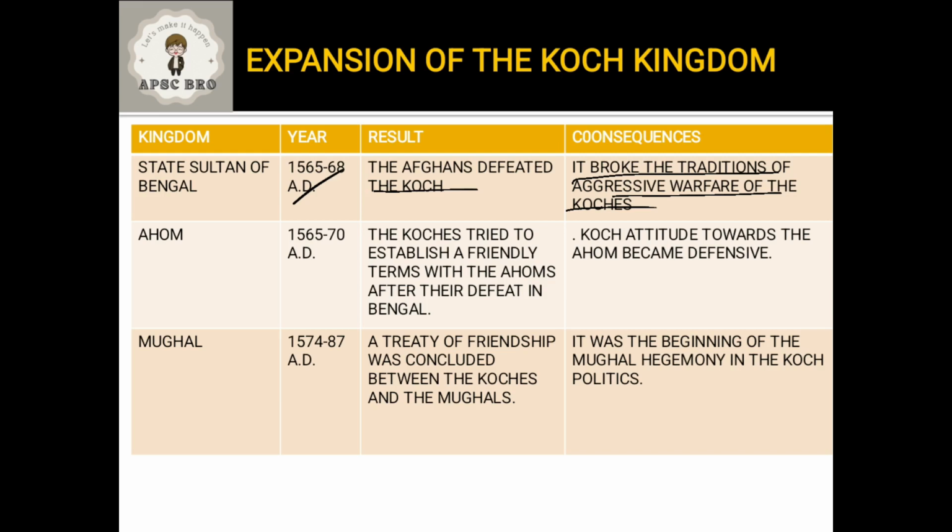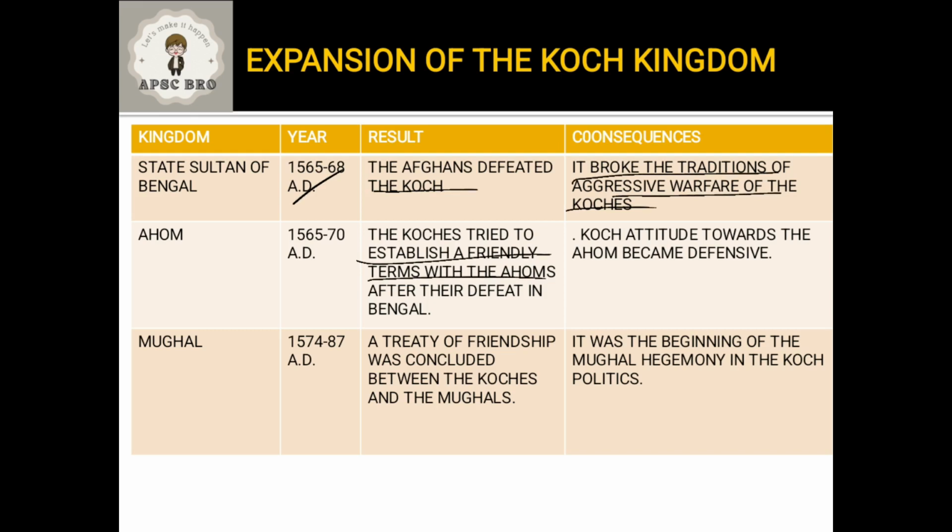During this time when Chilarai was imprisoned, there was an attack by Kalapahar on the Kus kingdom. He was a general of the Sultan, right? And there was a defensive attitude within Naranarayan. So for the first time, the Kus kingdom started looking towards the Ahom in friendly terms.